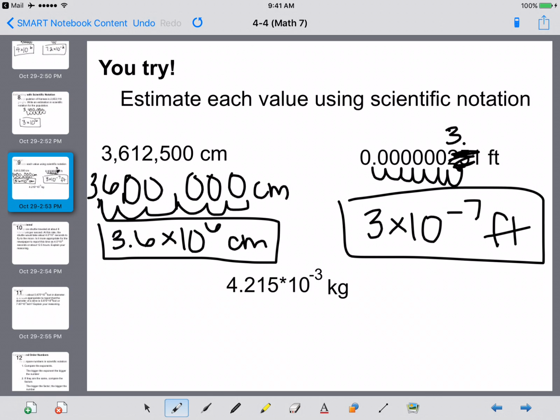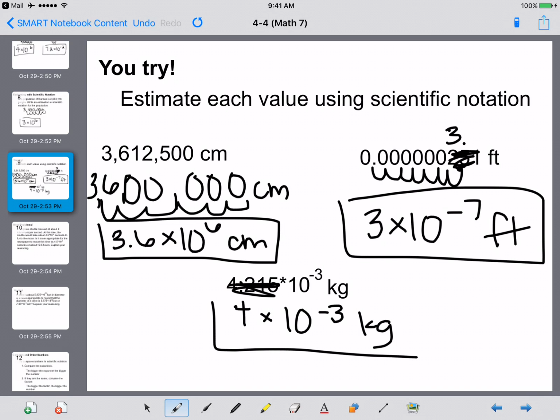And finally, I'm going to round this to just straight up 4. And then that's already in scientific notation for us. So 4 times 10 to the negative 3rd kilograms. Easy as that.